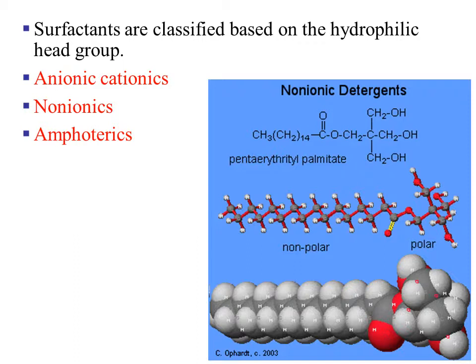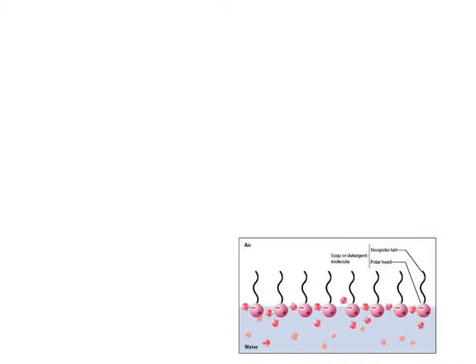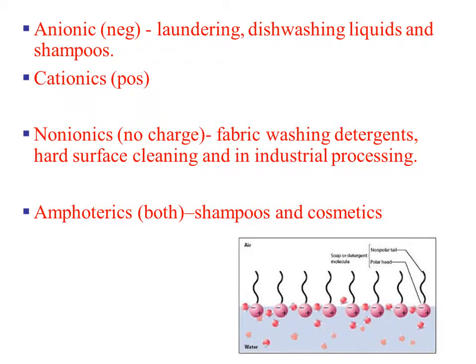Surfactants are classified based on hydrophilic head groups. They can be put into one of three categories: anionic or cationic, which are charged groups, non-ionics, or amphoterics. So the first two are charged.